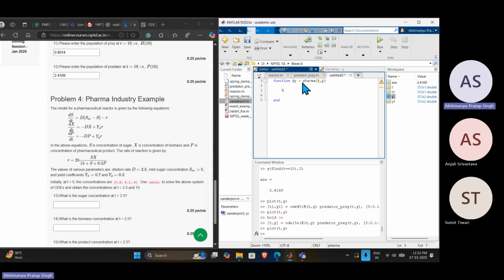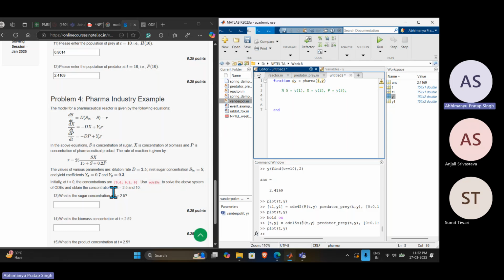My S is y1, my X is y2. If you guys have any doubt in between, just ask. I know I'm going a little too fast, but we are repeating the same thing again and again, so that's why I'm doing it fast. P is y3.